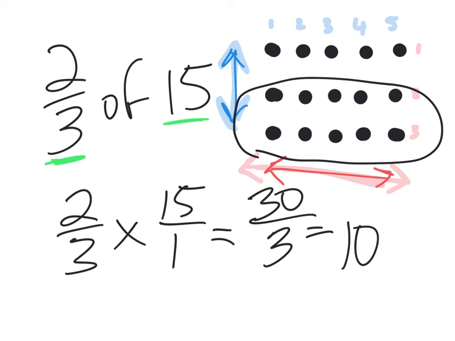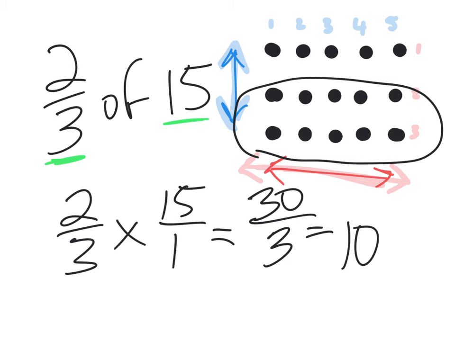When I look at 3 and 15, I know that there's a connection there. I know that 3 could equally go into 15, 5 times. So in my mind, I'm telling myself, if that denominator can go into the whole number, then basically I'm finding out what a third is of that whole number.